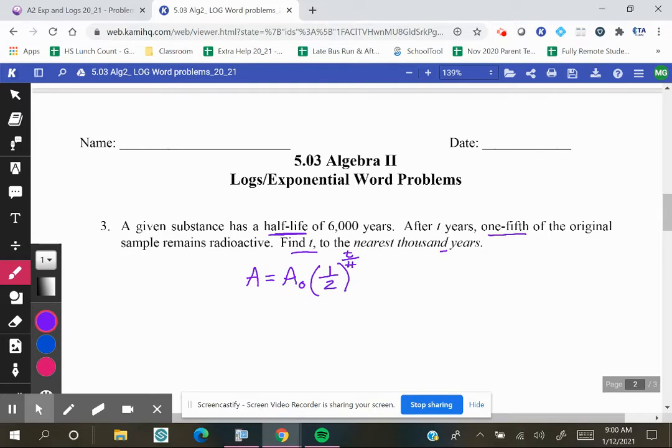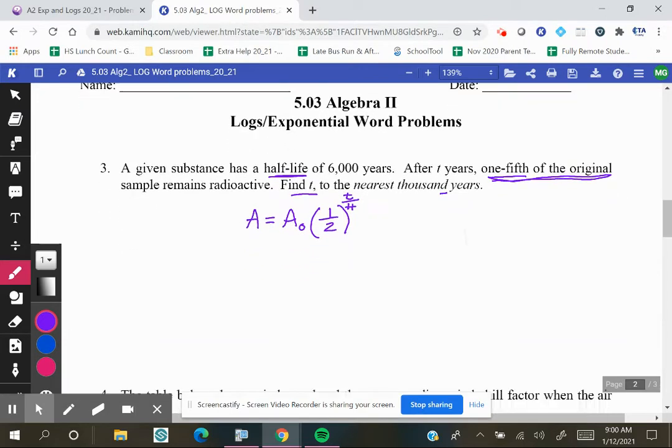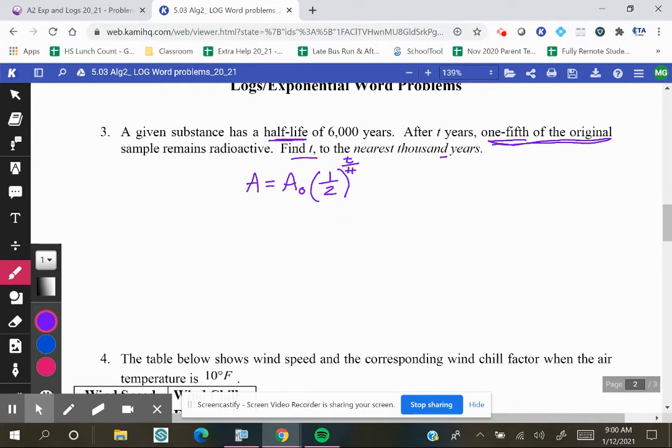Time over half-life. Okay, so this one's a little bit trickier because they're not telling you how much you start with. They're just telling you that 1/5 of the original is going to remain. So you can kind of just make up an amount. So if 1/5 remains, I would maybe say if I start with 5 grams, then how many grams would be left if 1/5 of the sample remains?